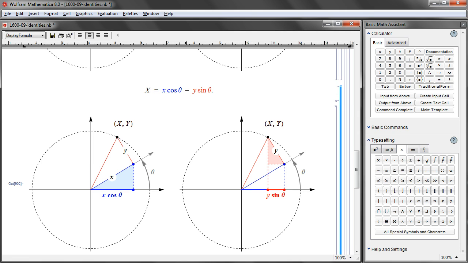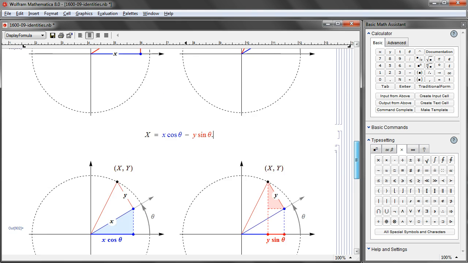And consequently we have this: x cosine of theta minus y sine of theta. And please note the color coding. x cosine of theta is blue because it's coming from the blue triangle, and y sine of theta is red because it's coming from the red triangle, the second picture. Let's go back.